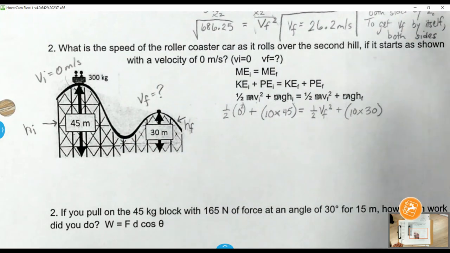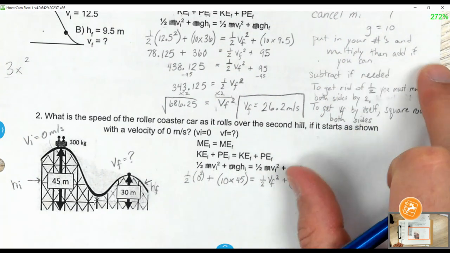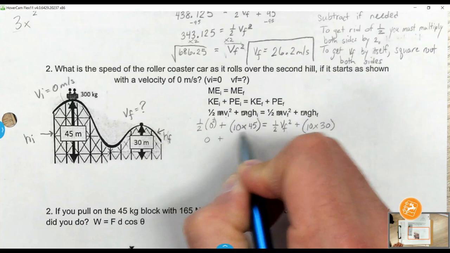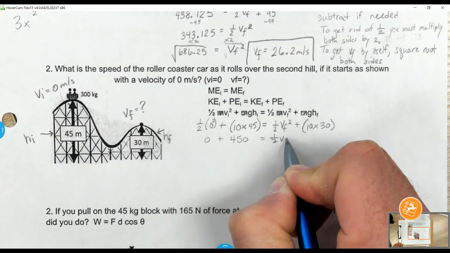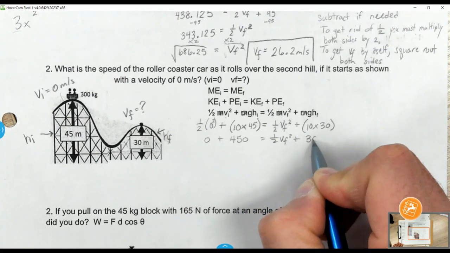That's your first step. Now, the next step was, after we put in our numbers, we're going to multiply and add if we can. Anything times 0? 0. This is 450. We don't have anything here yet. And 10 times 30, 300.